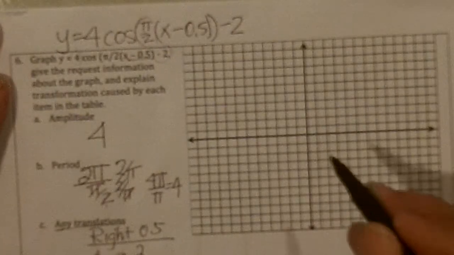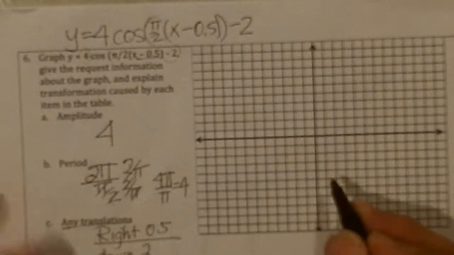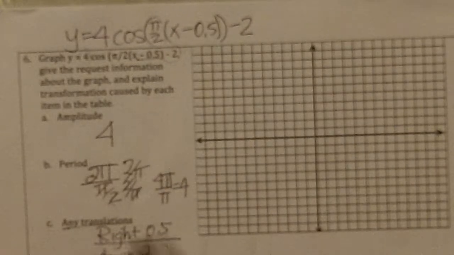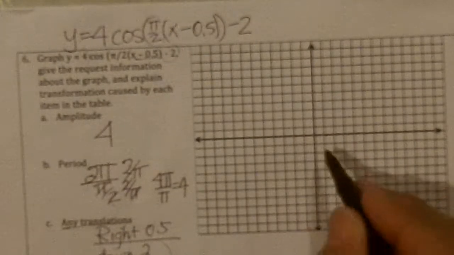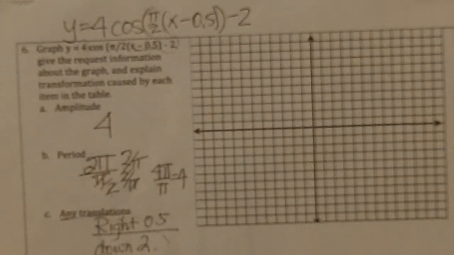Now, many of you can't get the units straight on the graph, and that really drives me nuts. You need to go to your graph, and since you have to go down 2, figure out how far down 2 is. Some of you do it by single squares. I'm going to go by 2 squares so you can see it on the video.